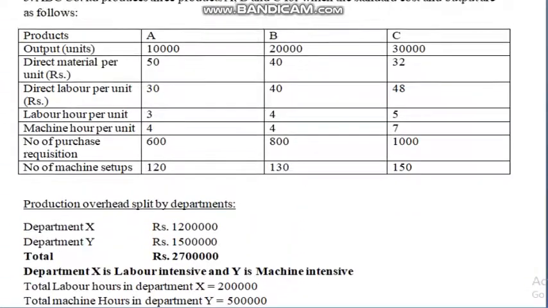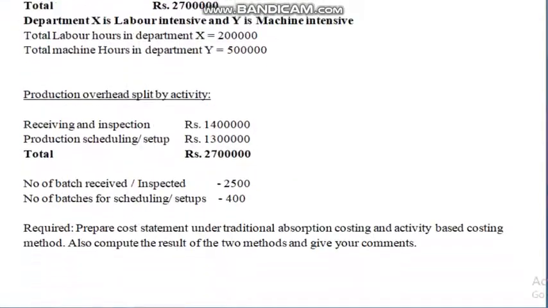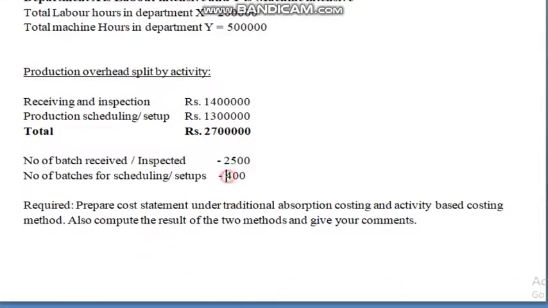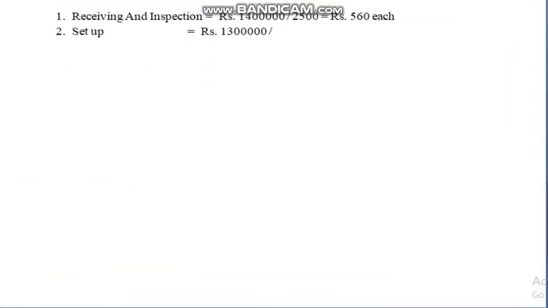Total number of setups is 120 for product A, 130 for product B and 150 for product C, so the total will be 400 setups. So 13 lakh divided by 400 setups, per setup will be rupees 3250. So the activity driver rates are over.